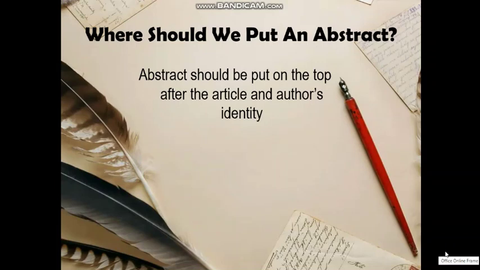We usually find an article that on the very top there is the journal identity, for example, Journal of Emergency Nursing, or Air Medical Journal, or something like that, and then followed by the author's name, for example, Mark and Lee, or whatever their names are. After that, we may find the abstract. So the abstract should be put on the top of the article after the article and also author's identity.